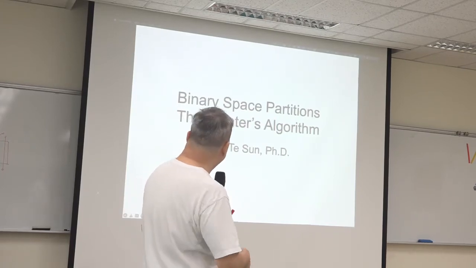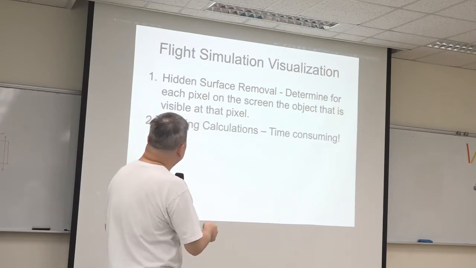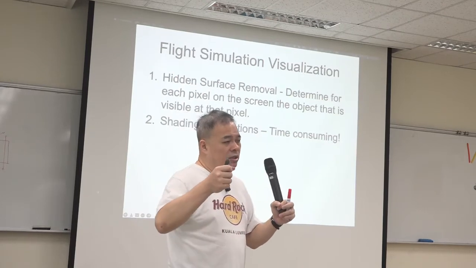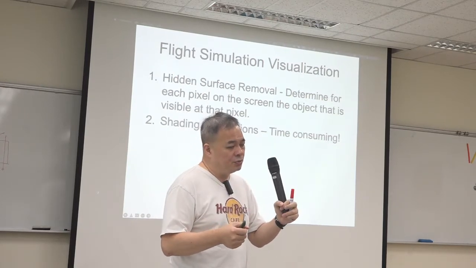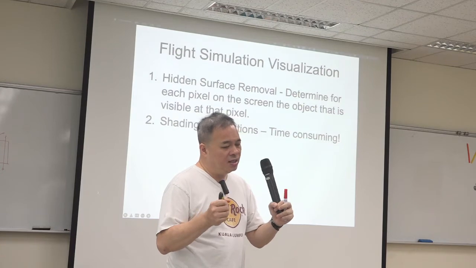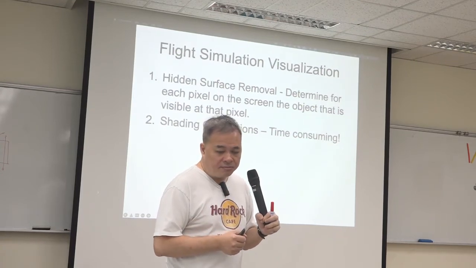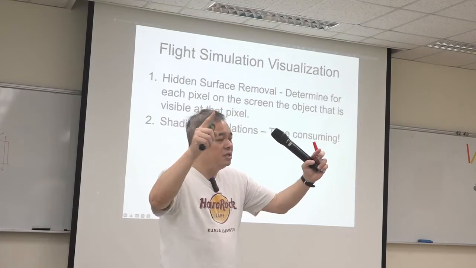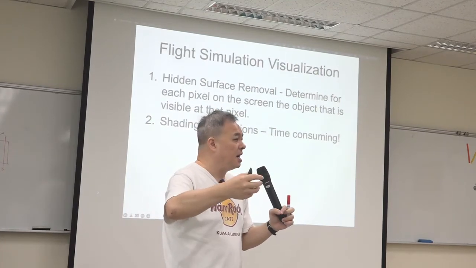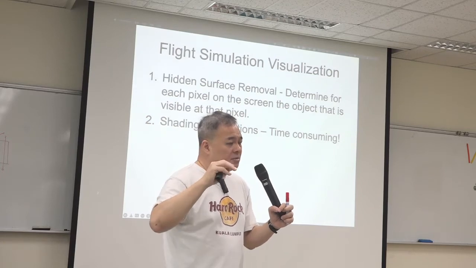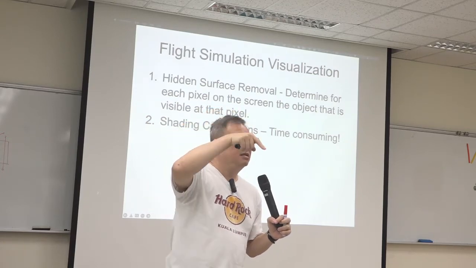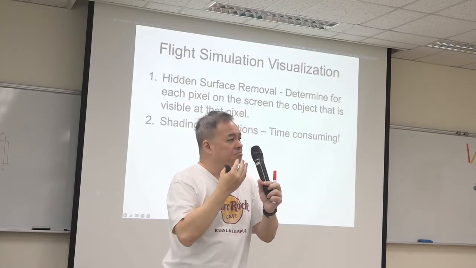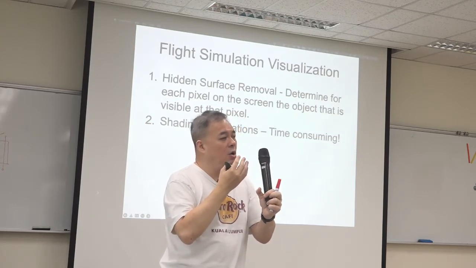So for example, in a flight simulation visualization, in a computer simulation where you are controlling the airplane, the screen needs to display a lot of objects, right? But depending on the viewpoint, some objects have to be occluded.